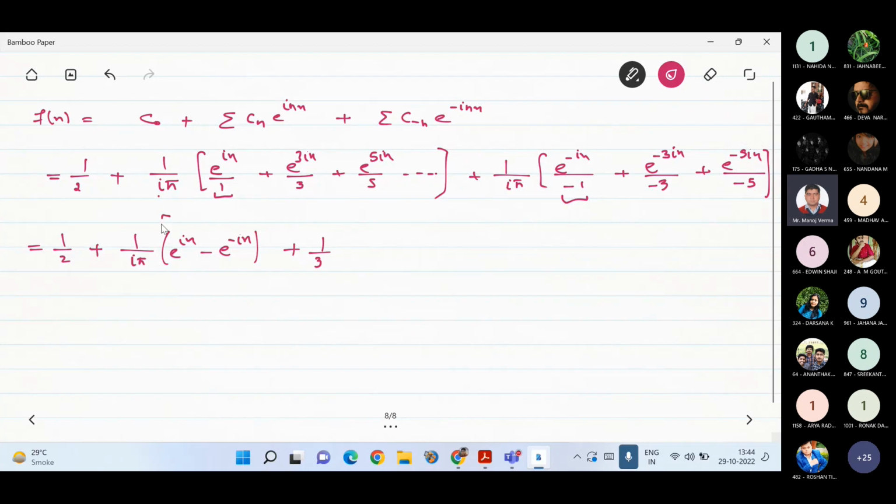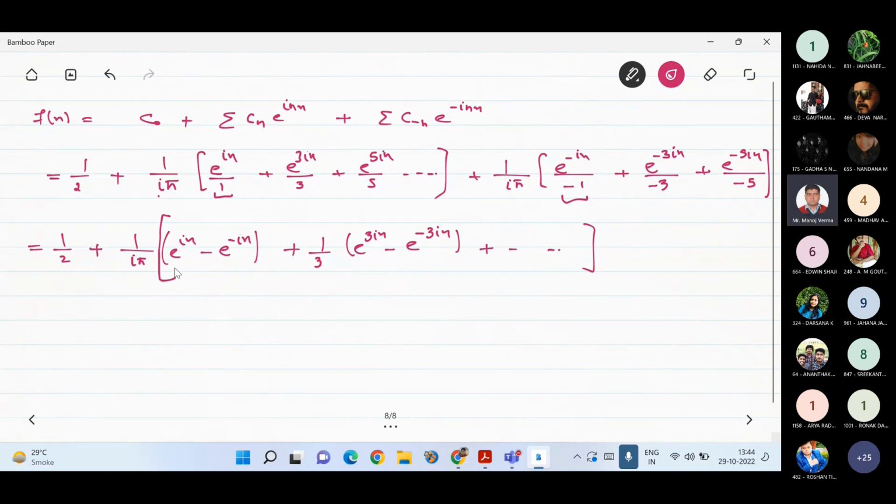This I am taking as a whole bracket. 1 by 3 e raised to the power 3 iota x minus e raised to the power minus 3 iota x, and so there will be 1 by 5, e raised to the power 5ix minus e raised to the power minus 5ix.